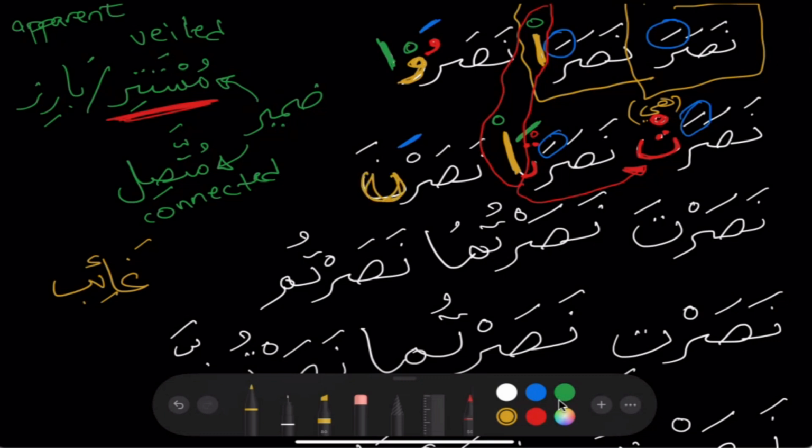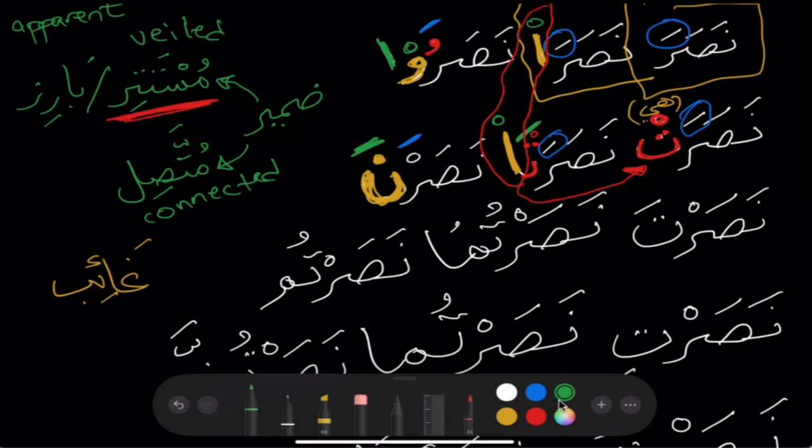وَالنُّونَ. Damirun is a pronoun. What kind? Muttasil, connected. So it's also badiz. You don't have to say badiz. Damirun muttasil, connected pronoun. Mabniyun ala fath, built with a fath.